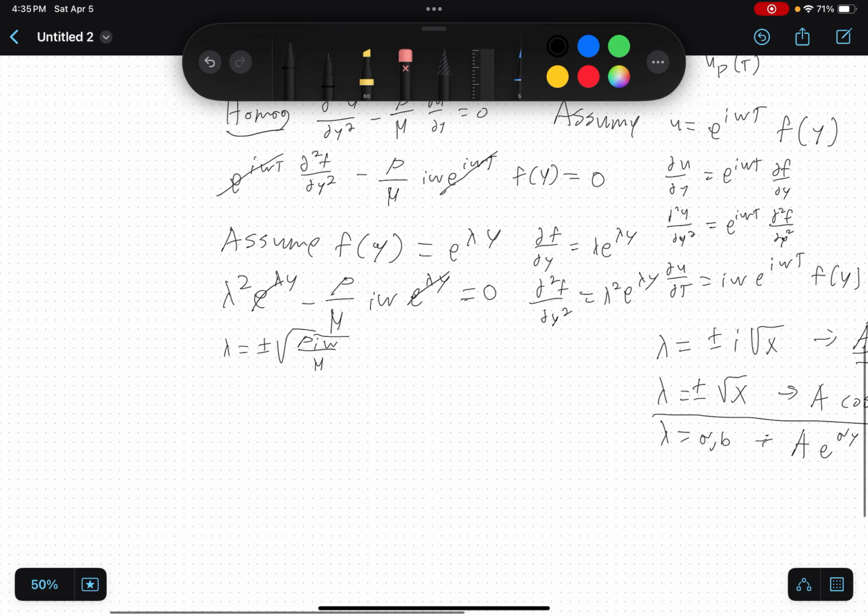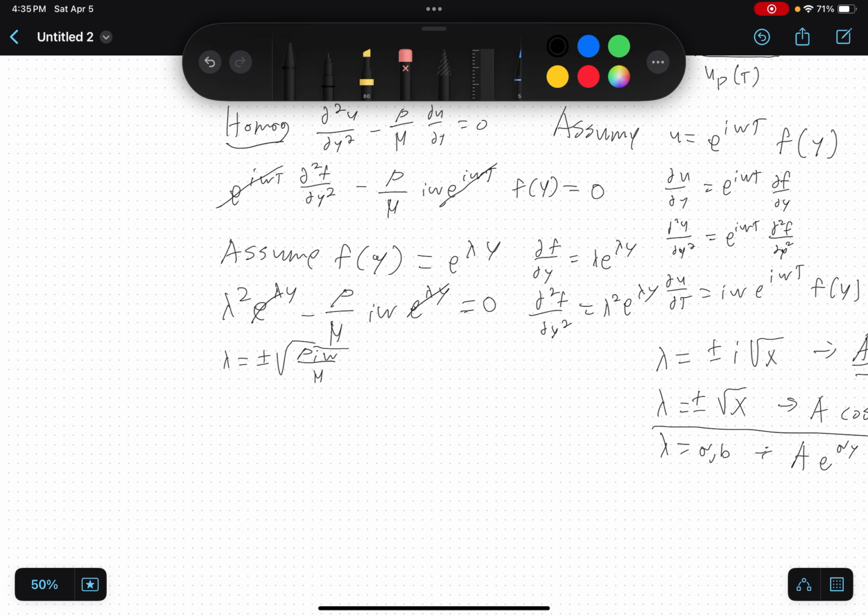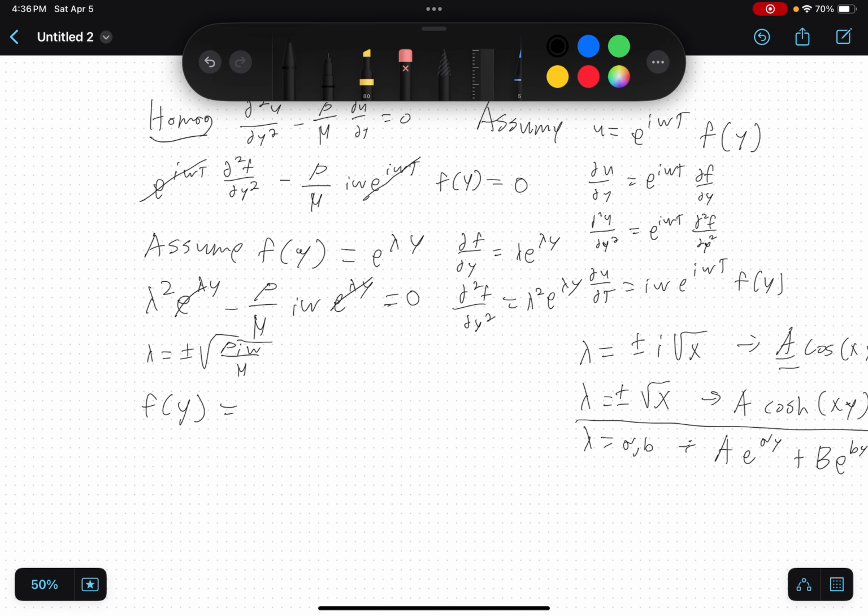So our solution is going to be in the form of f of y. Make sure I get this part right. Yep, I'm getting it right. Equals a cosine hyperbolic of lambda y plus b sine hyperbolic lambda y.